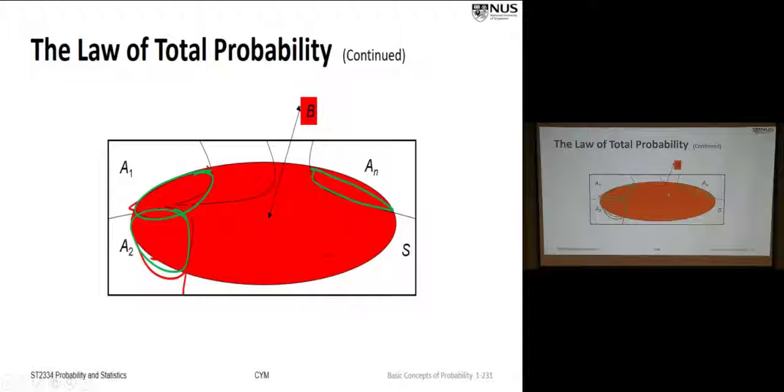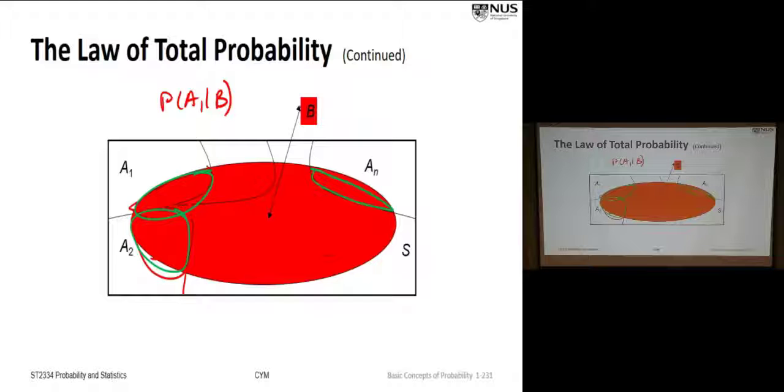Now, total probability says that the chance of getting this red part, the B, consists of combining all these probabilities of the intersections of B with Ai. Now, Bayes' theorem is saying that if I know B has occurred, that means what happened must be part of this red. Then I ask whether it is from A1. What's the chance that it's from A1, given that I know B has occurred? So how likely is it that A1 has occurred? I ask this question.